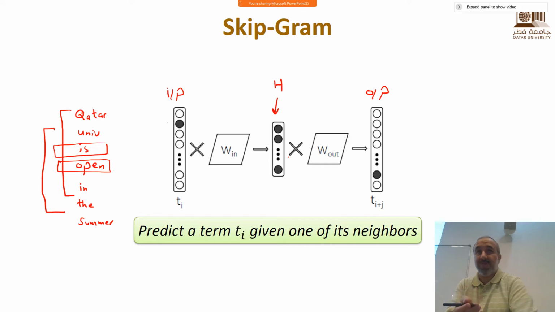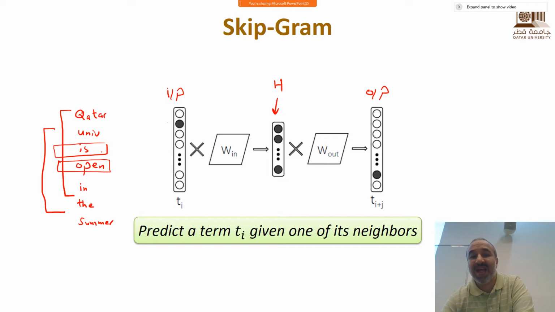Okay. We talked about that already, right? The labels for the supervised learning, the input and the output, right? The output is the label. Here, what is the output? What do we want to predict? Again, for the first context, is and Qatar is a pair, input and output.